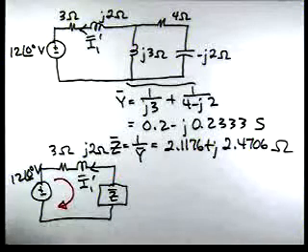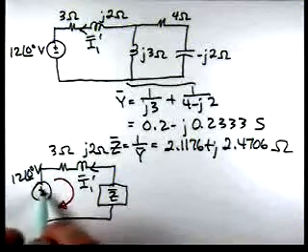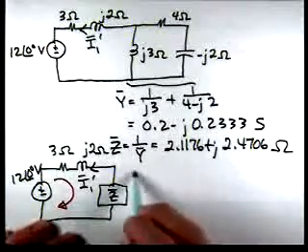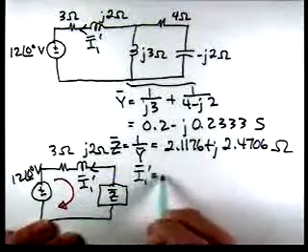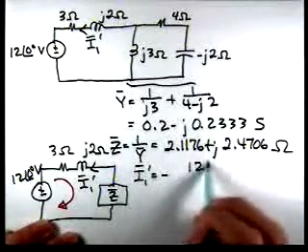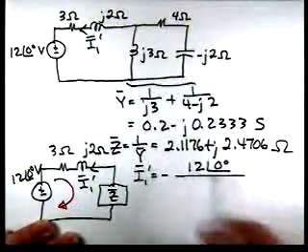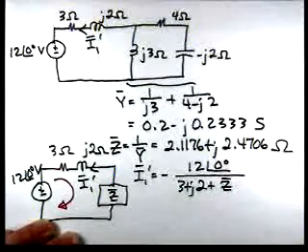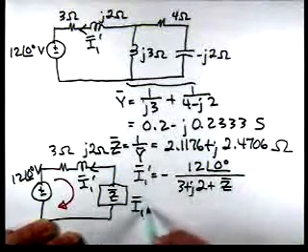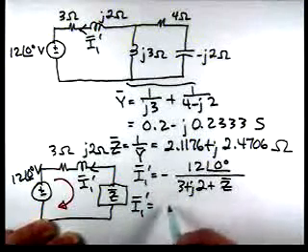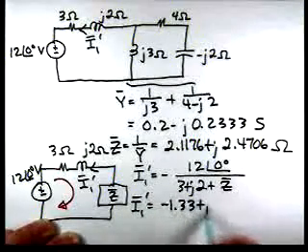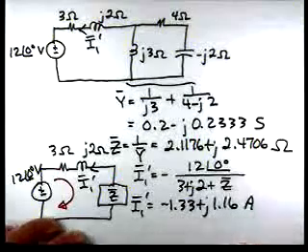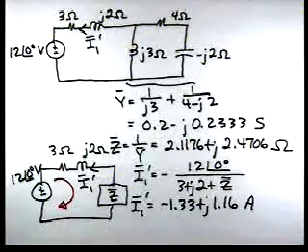So I1 prime is minus 12 at an angle of 0 divided by 3 plus j2 plus Z. I1 prime then is minus 1.33 plus j1.16 amps. That's the contribution from the 12 at angle 0 source.